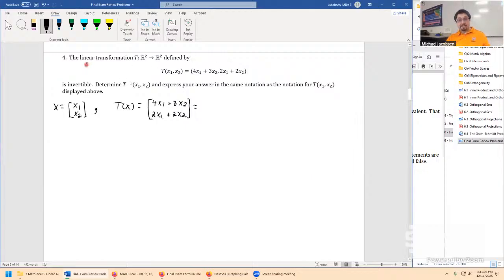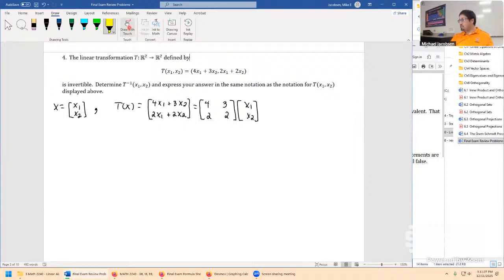We're told T is linear, so there's got to be a standard matrix A for the transformation. And that's not too hard to unpack. The vector you see here is a linear combination, which is a result of a matrix times the column vector x1, x2, or just x again. And all you have to do is pull the coefficients. The matrix A is 4, 2, 3, 2.